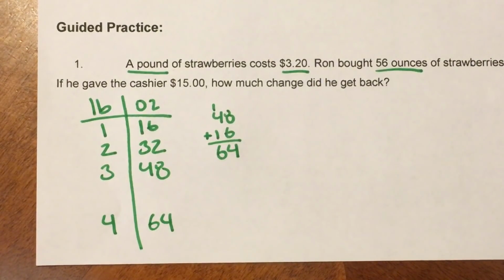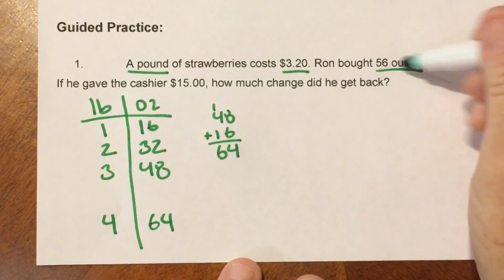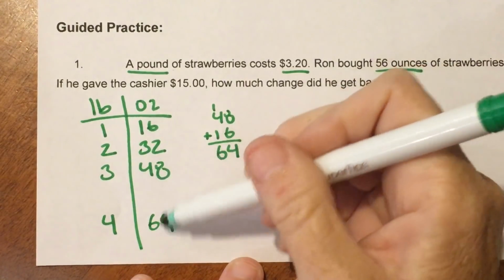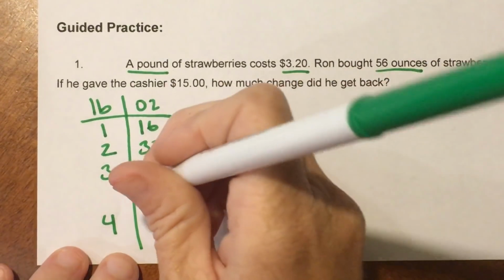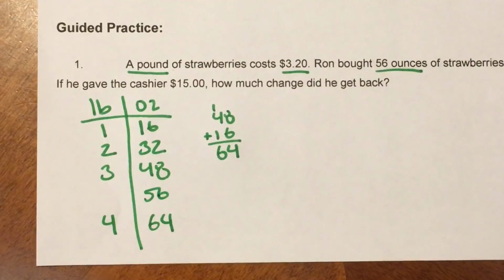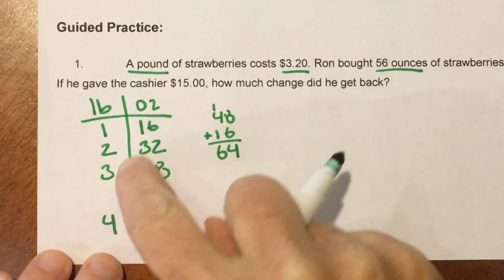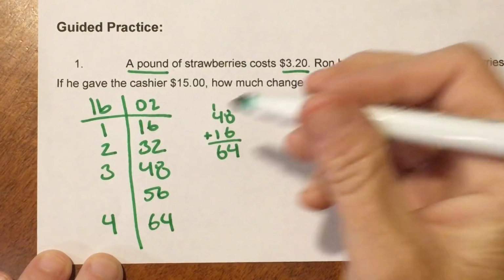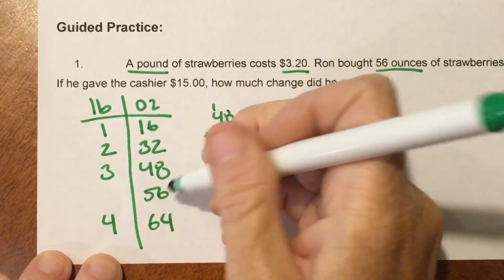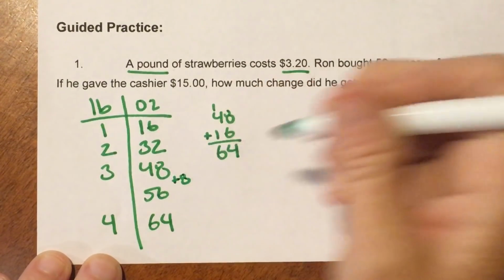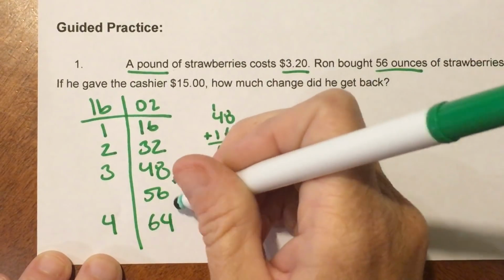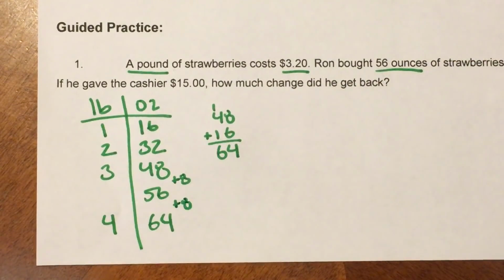But here's the problem. I'm looking for 56 ounces, and somehow it got skipped. So what do we think about 56 ounces? I know it has to be less than 4 pounds and more than 3 pounds. Well, 48 plus what's 56? Plus 8. 56 plus 8 is 64.